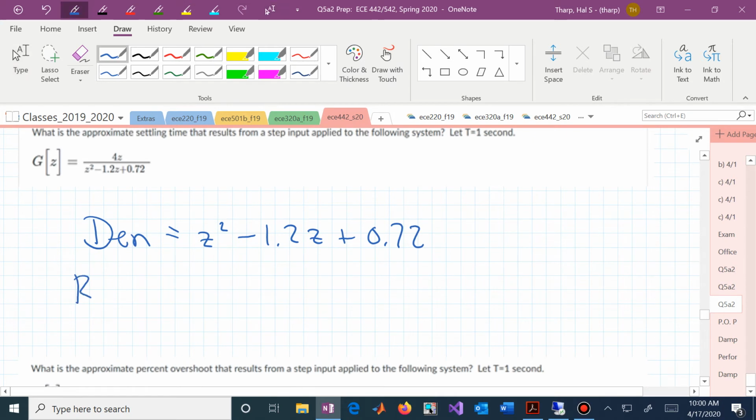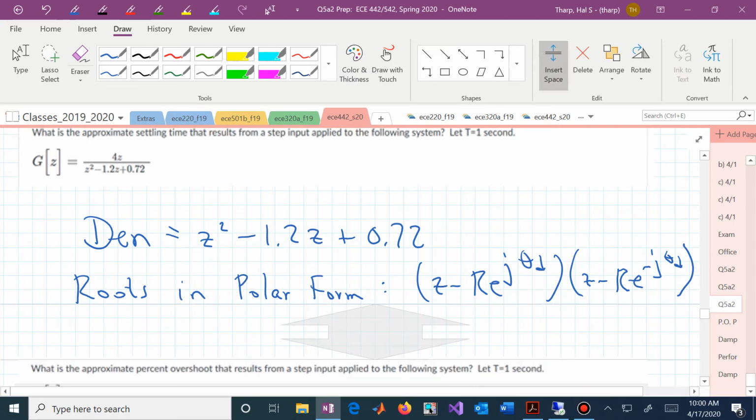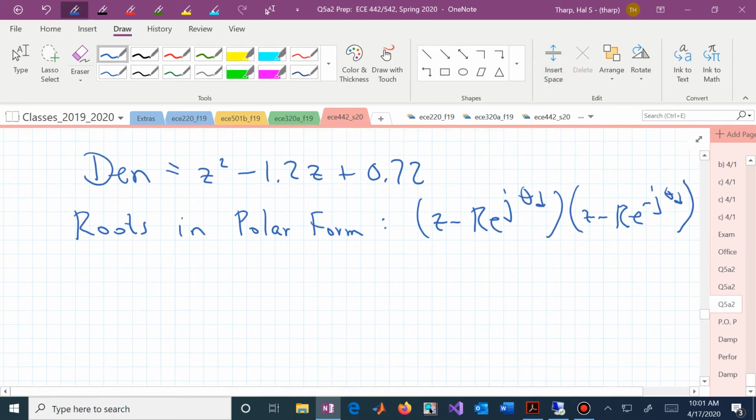And if we think about this in terms of the polar form structure of our roots, now we have z minus r e to the j theta d times z minus r e to the minus j theta d. Again, that gives us that structure that we have seen before.